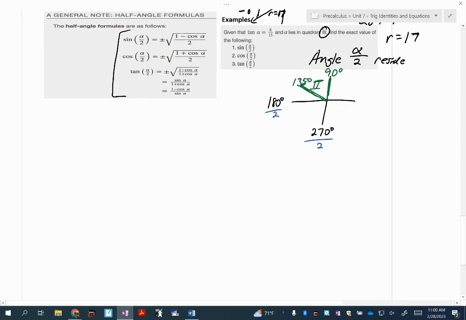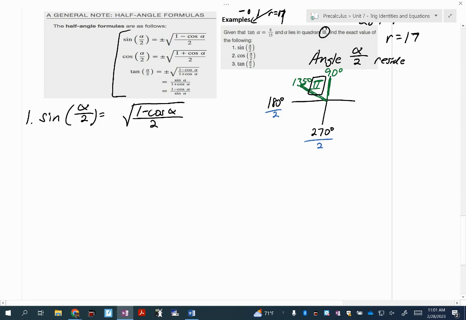So number 1 says the sine of half of alpha, or alpha over 2. I'm going to write down my formula, which is the square root of 1 minus cosine of alpha over 2. Before I start plugging in, decide: is this going to be the positive version or the negative version? We're in quadrant 2 for our half of an angle.